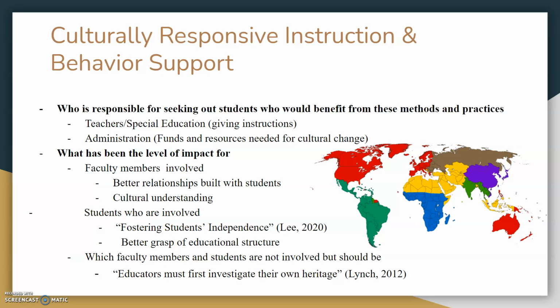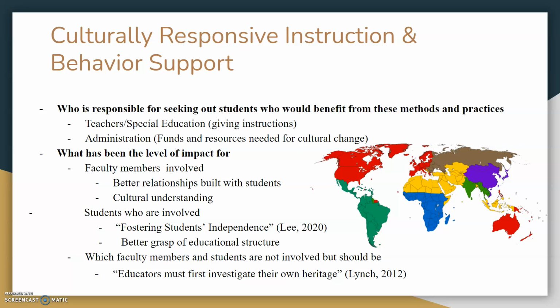What has been the level of impact for members involved? So this would be better relationships built with students, cultural understanding for the teachers, being able to realize where this individual comes from and the traditions and backgrounds that they have come up with. Students who are involved, fostering students' independence.